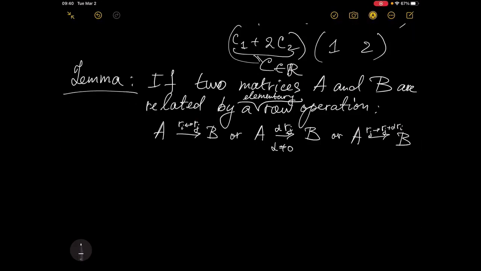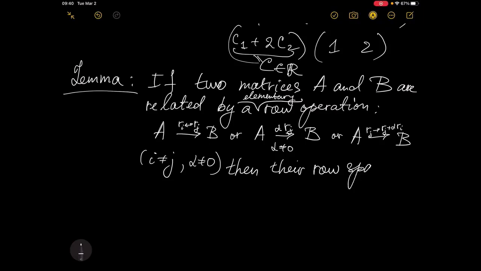Okay, let me write here that I is not equal to J and alpha is not equal to 0. Then their row spaces are equal.